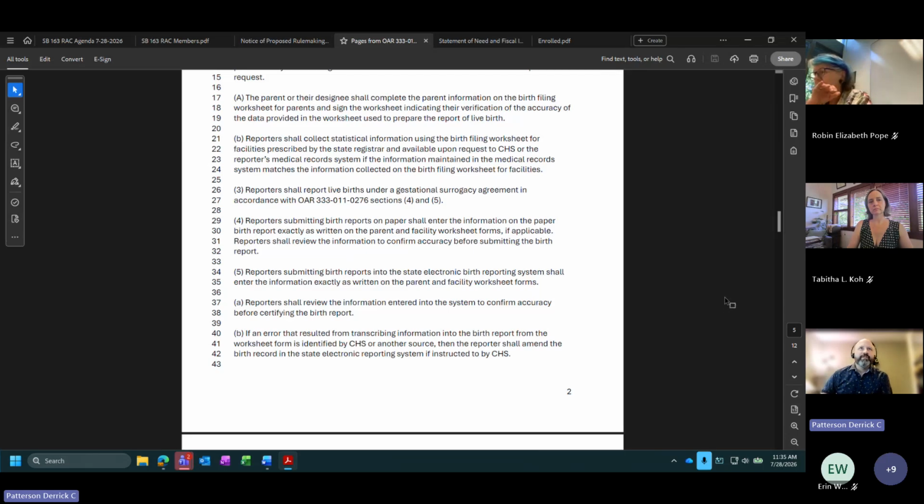Section 3, reporters shall report live births under a gestational surrogacy agreement in accordance with OAR 333-011-0276, sections 4 and 5. Anything for section 3?